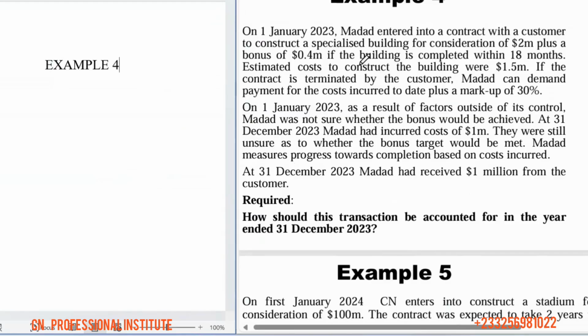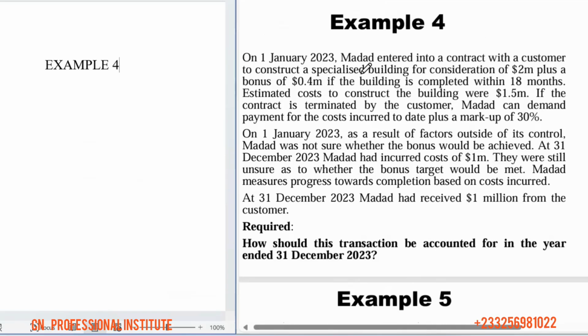On 1st January 2023, my dad entered into a contract with a customer to construct a specialized building for a consideration of 2 million, plus a bonus of 1.4 million if the building is completed within 18 months.